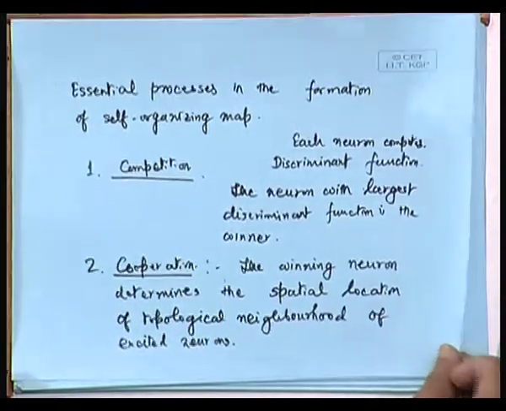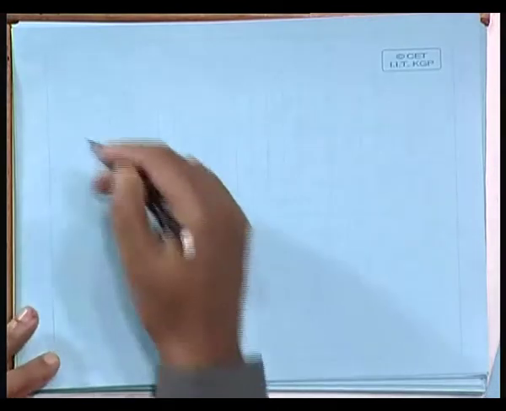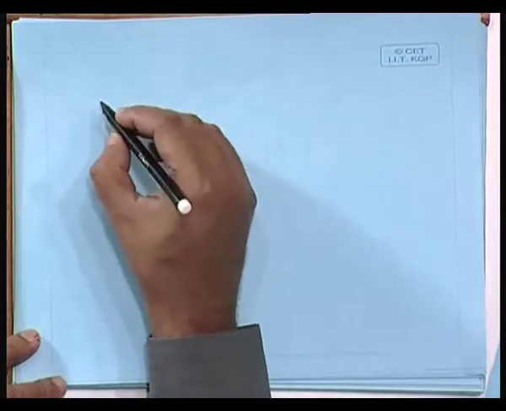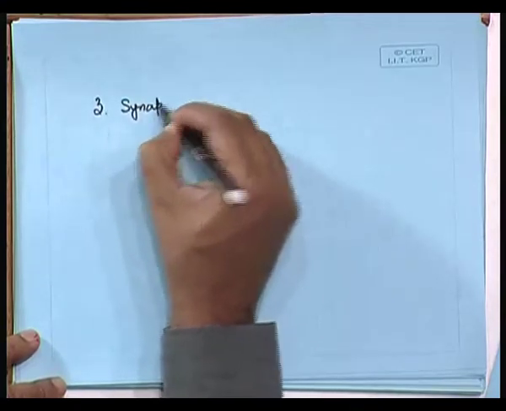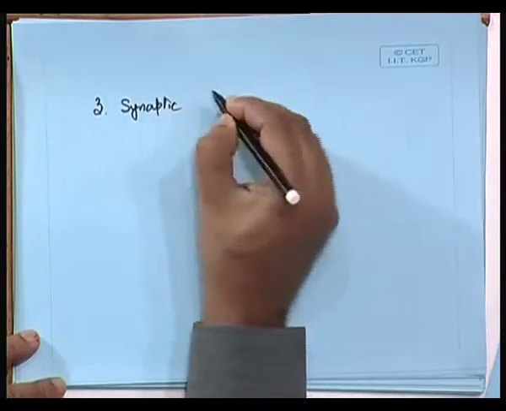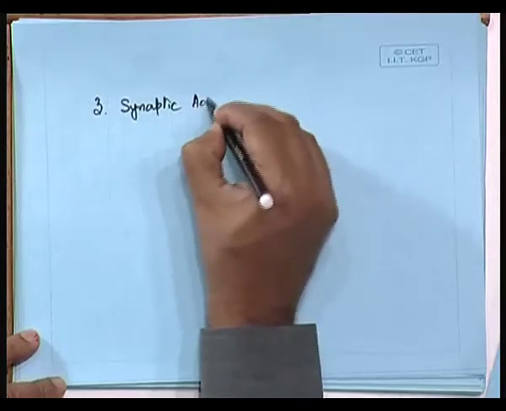And then the third step is of course the step of synaptic adaptation, like we find in every neural network structure.